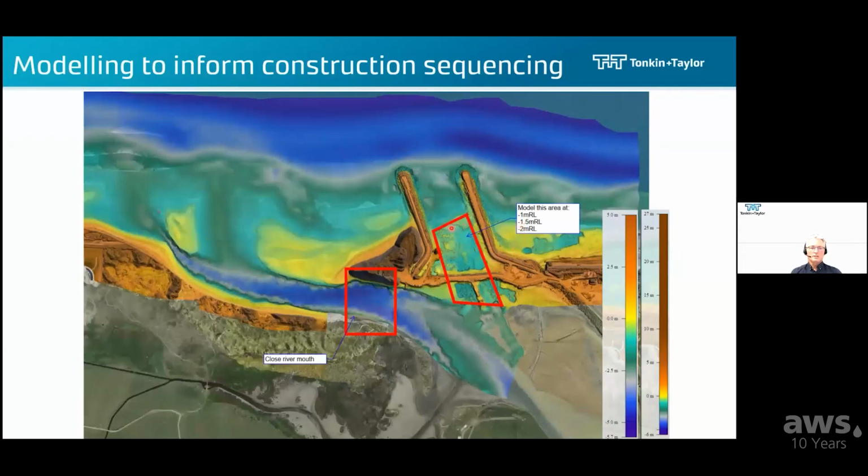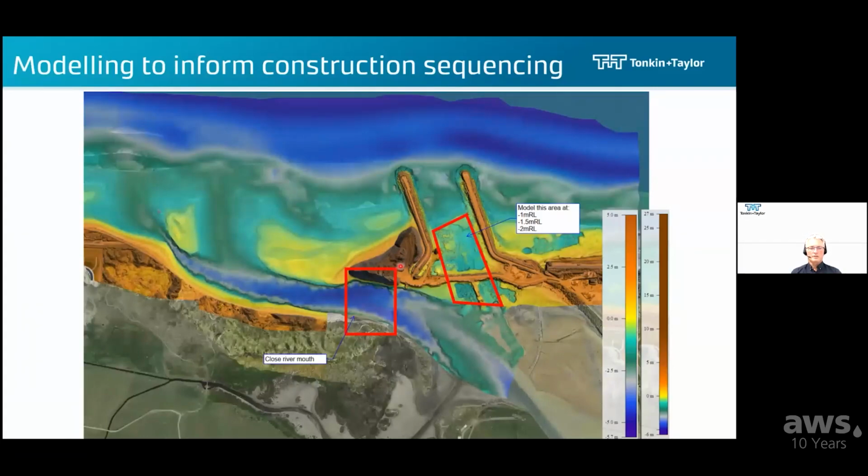So what you can see here is we're looking at scenarios of dredging through this area to different depths, -1, -1.5, and -2 meters RL, while looking at different river mouth closure options. Over here on the western training wall is a large stockpile of sand. We won this sand by dredging the adjacent beach, but also the channel here.